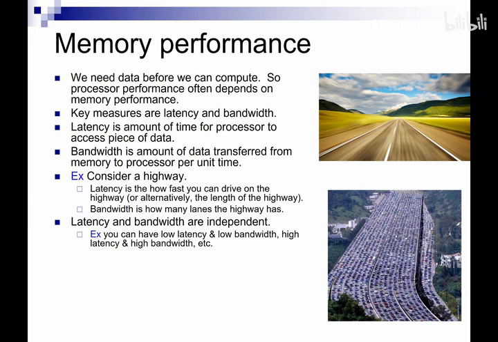How well the memory system performs in terms of latency is independent from how well it performs in terms of bandwidth. So, of course, the ideal situation would be a memory system which has both low latency and high bandwidth. That's the best possible situation. And the worst situation would be high latency and low bandwidth.